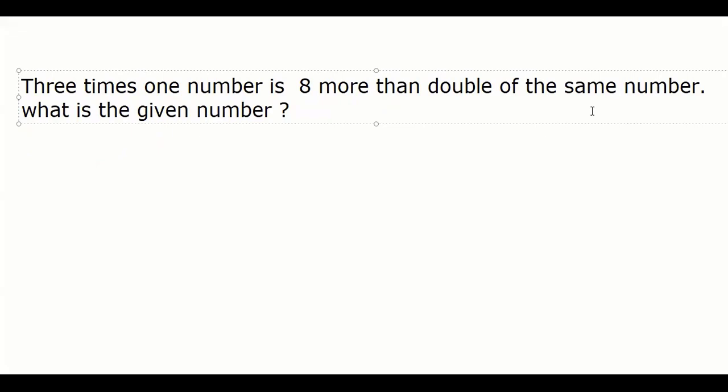Gauri, do you want to explain this one? Gauri, are you there? Three times one number. Say one number is A, is equal to 8 more than double of the same number.